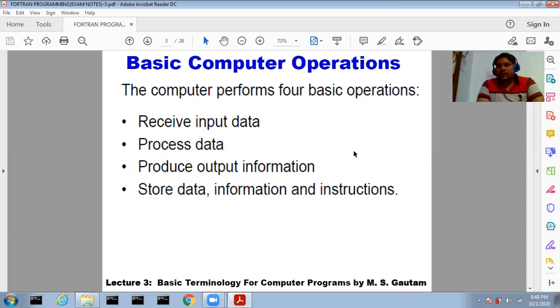Then after processing, some results are produced. Then the results of this operation are stored in its main memory.